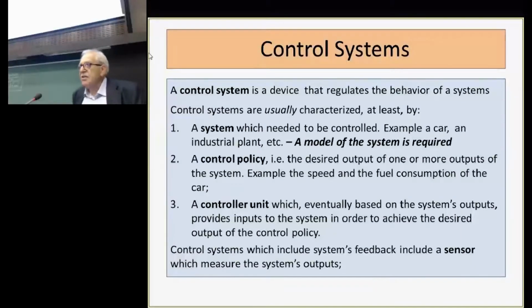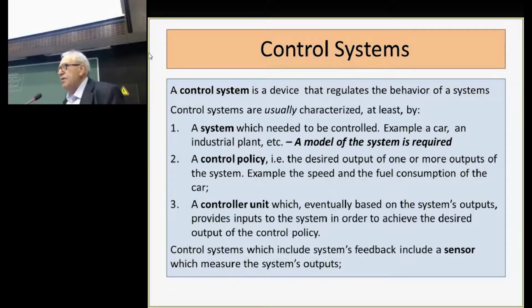Okay, a control system is an apparatus, a device that regulates the behavior of a system. But of course, to have a control system, you must have a system to control, and a model of the system to build up your control system. Then you have to decide what you want to control.